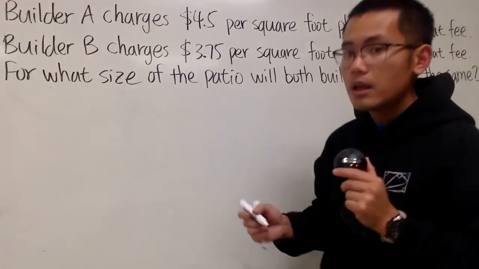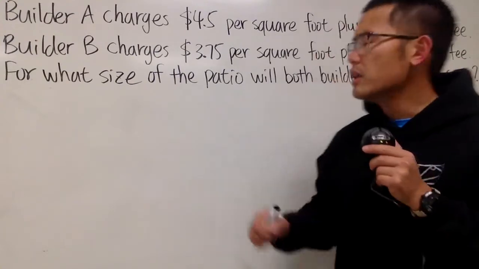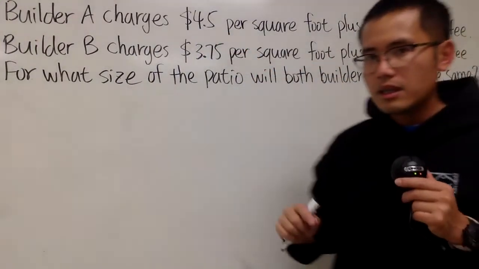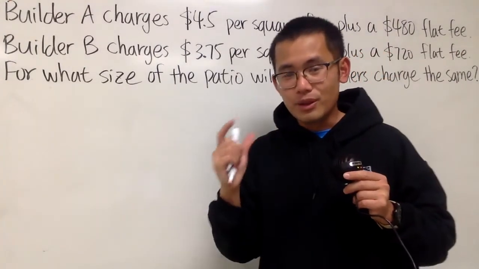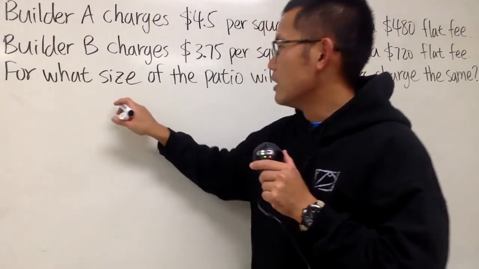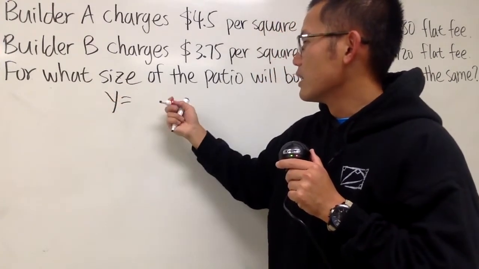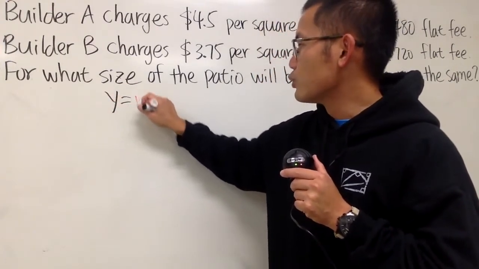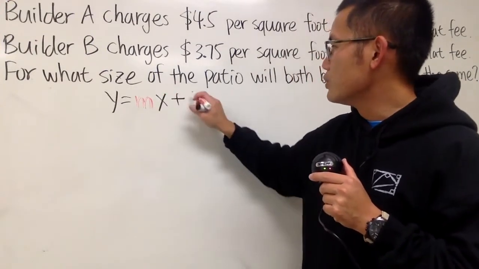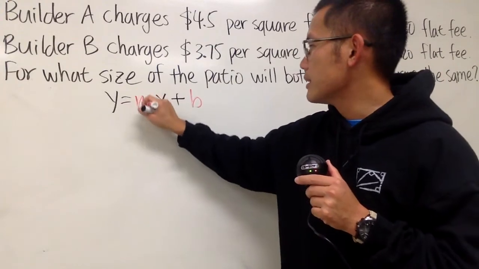So that's the idea. Whenever we have this kind of situation, you see you have the rate of change and the initial amount. That should be the cue for y is equal to mx plus b. So let me write this down here for you guys. Remember, y equals the slope, which is the rate of change, times x, plus b, which is the initial amount, all right?